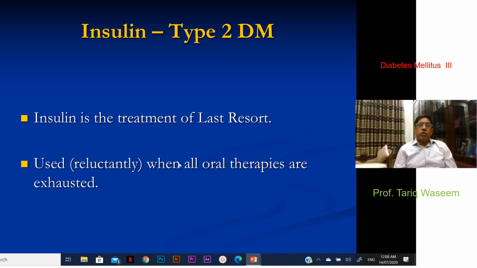And it is not so. Many a time patients prefer to use oral hypoglycemic agents. Sometimes there is fear of needles, sometimes it is considered cost effective, sometimes it is considered that insulin would require adopting very strict lifestyle changes. So that's why most of the time either patients are reluctant to use it, and sometimes even the physicians are a bit hesitant to use it.